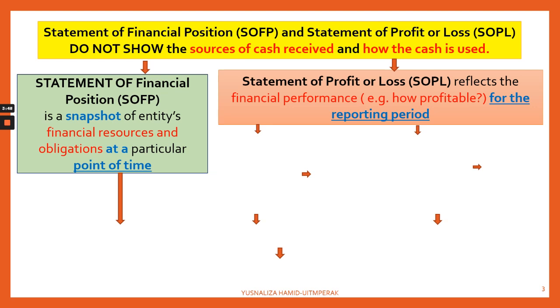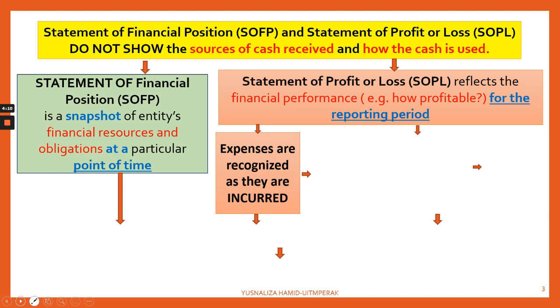Statement of profit or loss, however, will only show financial performance, or how profitable for the reporting period the company is, or maybe in certain situations how terrible the losses are that the company is now experiencing. Expenses, for example, are recognized as they are incurred.